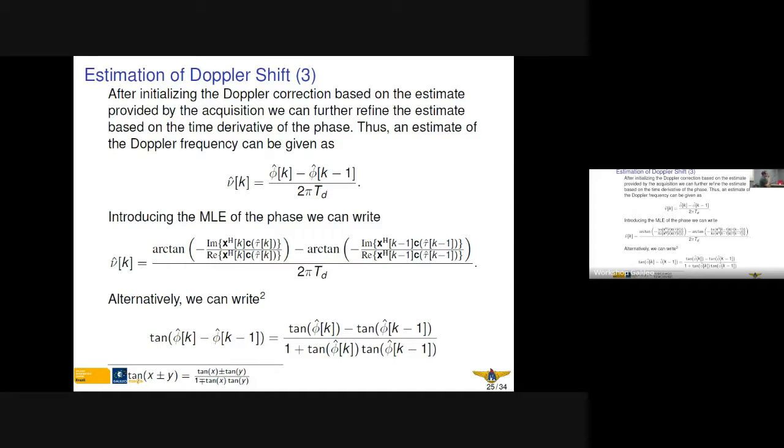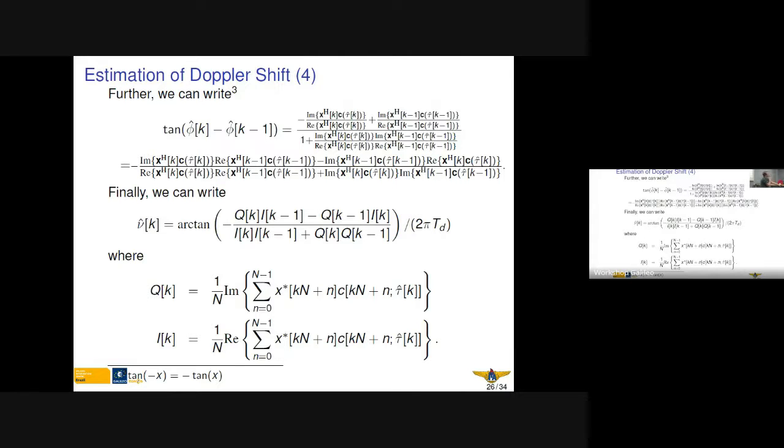Yeah, so we can alternatively write tangent of phi hat k minus phi hat k minus 1 as tangent of phi hat k minus tangent of phi hat k minus 1, divided by 1 plus tangent phi hat k times tangent phi hat k minus 1. And now we can use that in this formulation above and introduce this, as you can see here now, by using that tangent of minus x is equivalent to minus tangent of x.